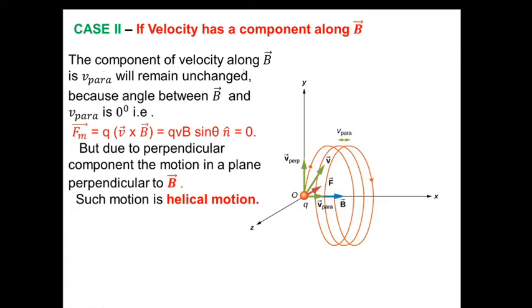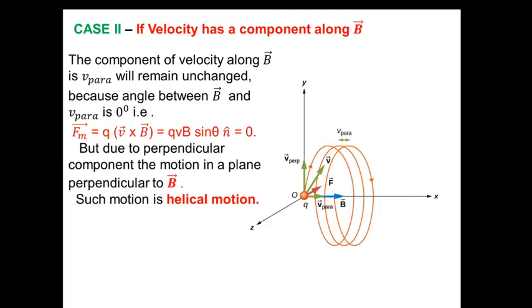So the component of velocity along B, that is V parallel, will remain unchanged. But due to the perpendicular component, as described just now, the particle will describe a circle.